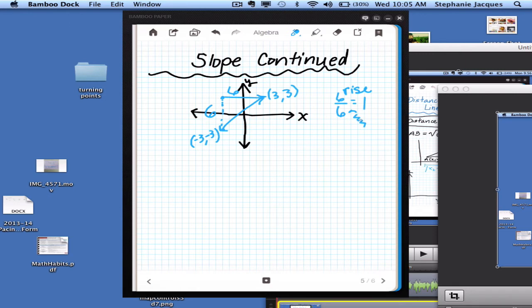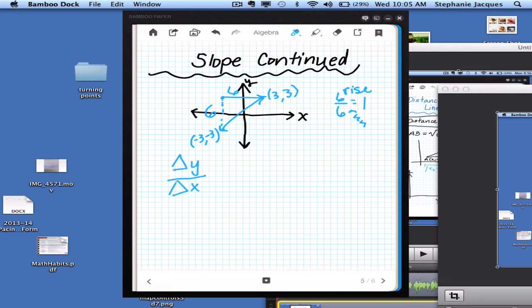So let's do this without looking at our graph. Basically, all we're doing is finding the difference of our y-coordinates, how far it is from one point to the other, and our x-coordinates, how far it is from one x to the other. A formula you can use for that is called change in y over change in x.